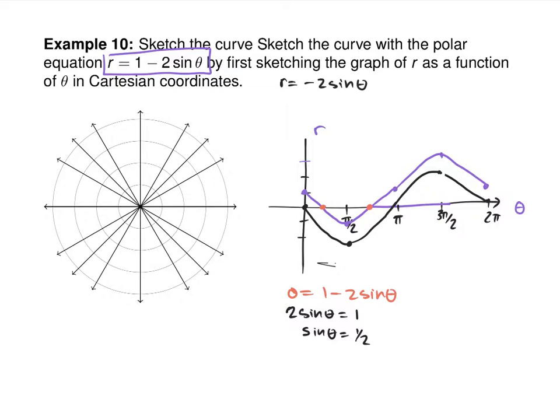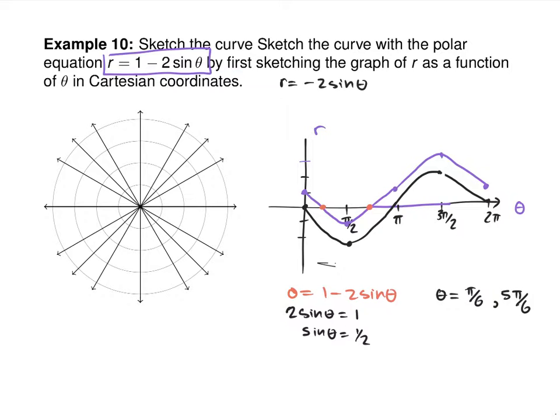At what thetas is that going to happen? Pi over 6, and 5 pi over 6. And do those make sense with your picture? Because pi over 6 certainly is between 0 and pi halves, right?